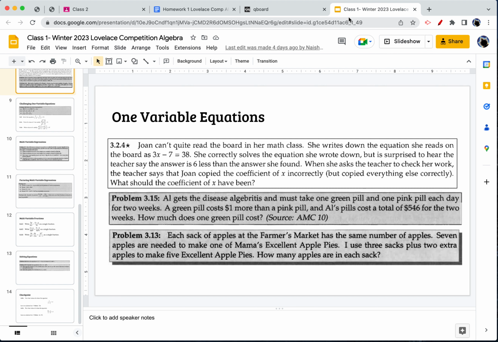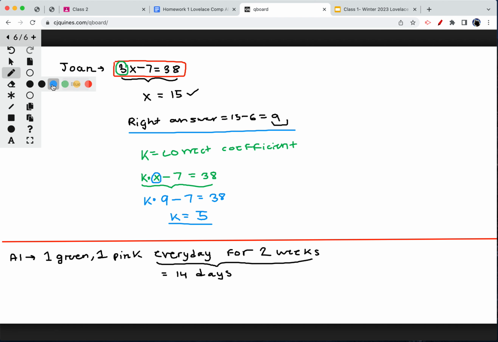A green pill costs one more than a pink pill. So let's say the price of one green pill is equal to G. Then the price of one pink pill would be one more than that. So price of one pink would just be G plus 1.